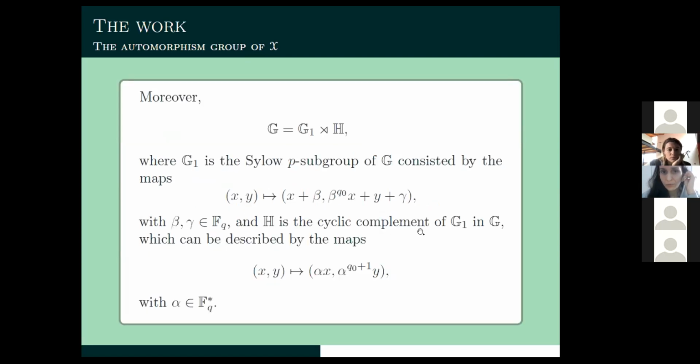Also, we have a description of the group as a semi-direct product of a group G1, which is the Sylow p-subgroup of G. We do have a description of it. And also we have the complement of the Sylow p-subgroup, and the maps have this shape here.